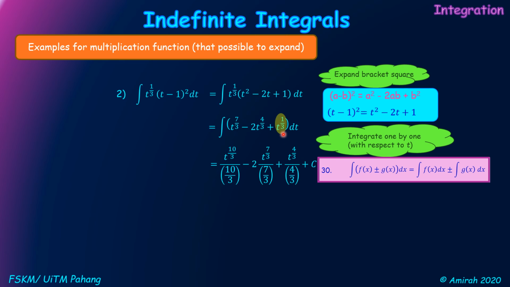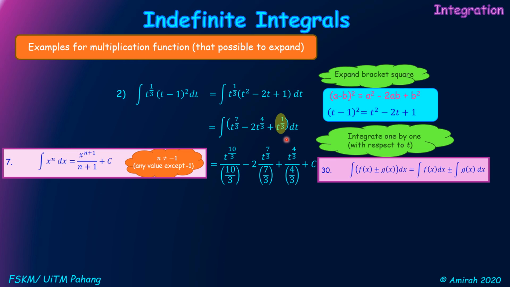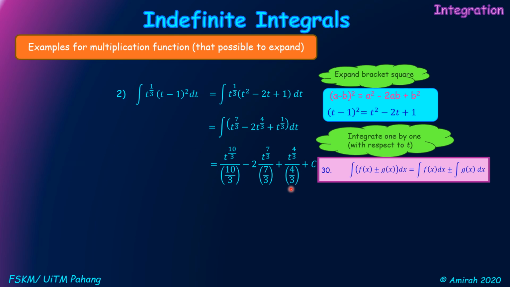And then when we integrate t to the power of 1 over 3, 1 over 3 does not equal negative 1, so we still use the same technique. From 1 over 3, we add 1, so we get t to the power of 4 over 3, and then over n plus 1, meaning over 4 over 3.